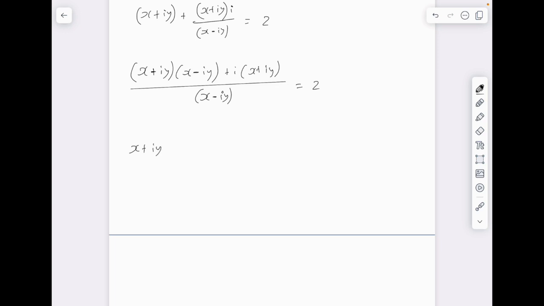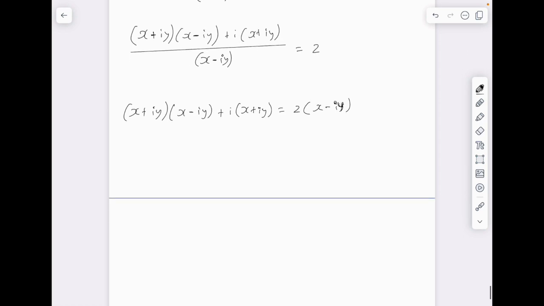So (x plus iy)(x minus iy), plus i(x plus iy) is equal to 2(x minus iy). Okay, cool. And then it's just a case of multiplying it out.